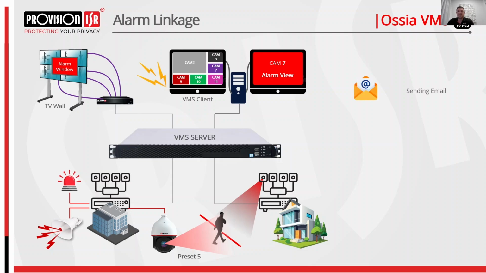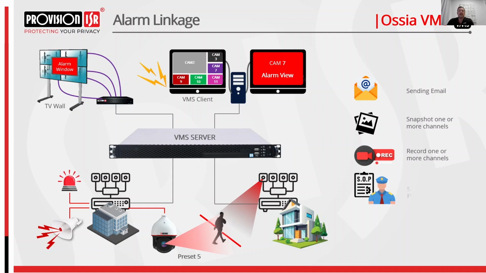You can send an email notification to one or multiple recipients. You can capture screenshots from one or more cameras. You can request to begin recording on multiple cameras. And finally, you can activate a standard operating procedure, or SOP.